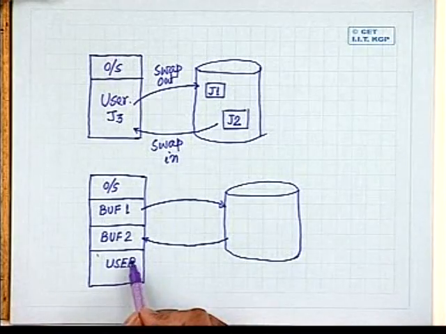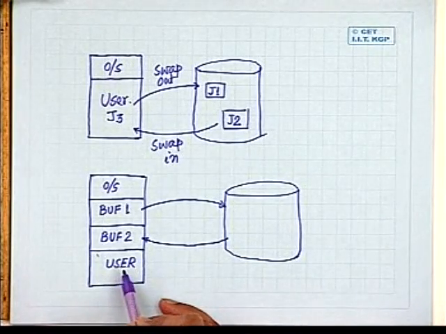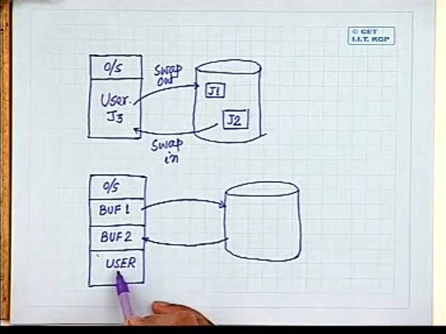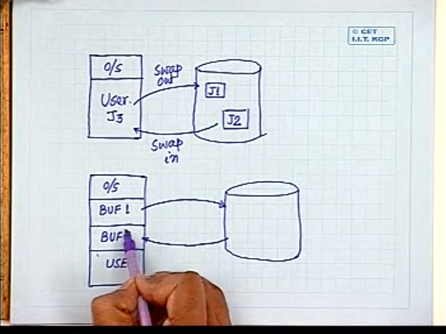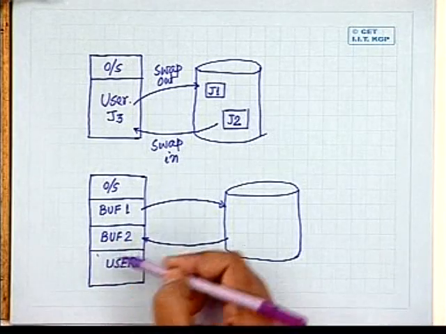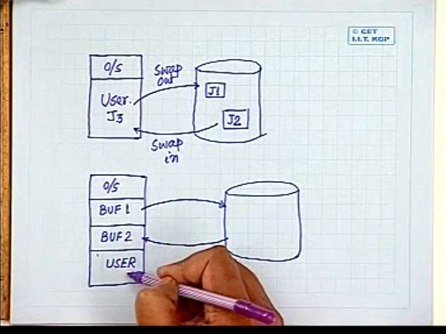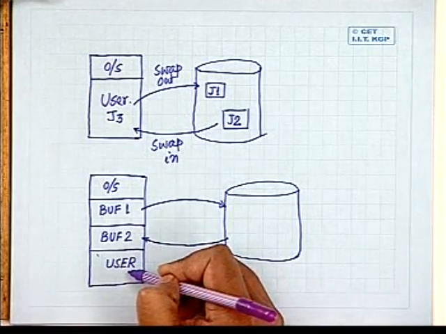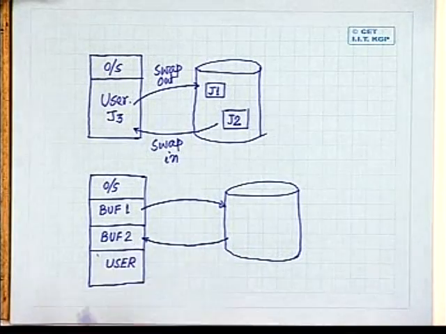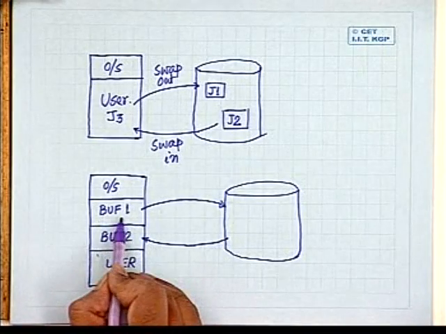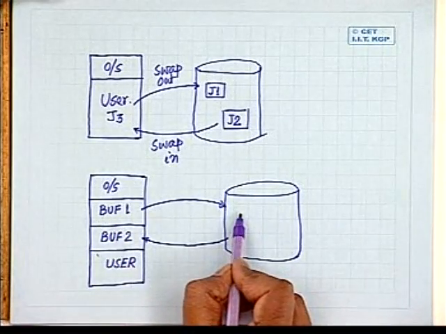Okay. So whenever a process, a job completes execution, I have to move the job from the user area to buffer area 1. A job which is loaded into buffer area 2 has to be transferred from buffer area 2 to user area when the job becomes active and is executed by the CPU. Okay. So now I have 2 situations. In buffer area 1, I get a job which is to be swapped out.